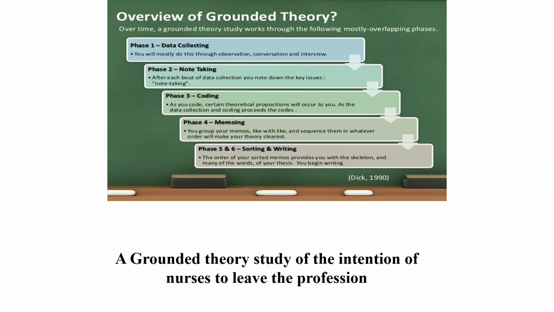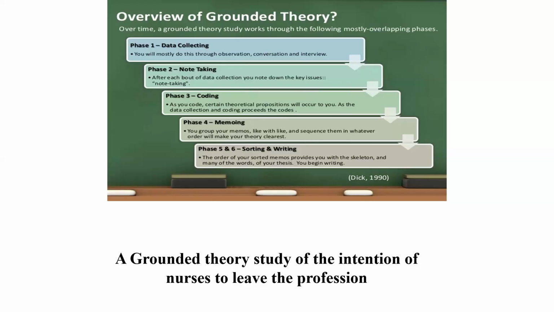You can sequence them in whatever order will make your theory clear, and sort it out with the skeleton in words and make it a thesis. And yeah, it is something with your write-ups only, it will be elaborately told.